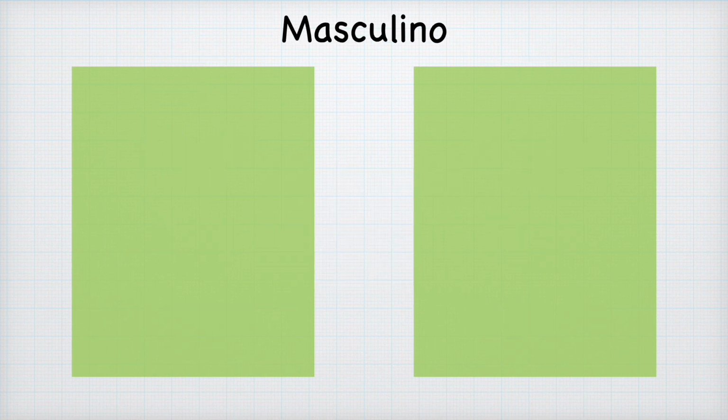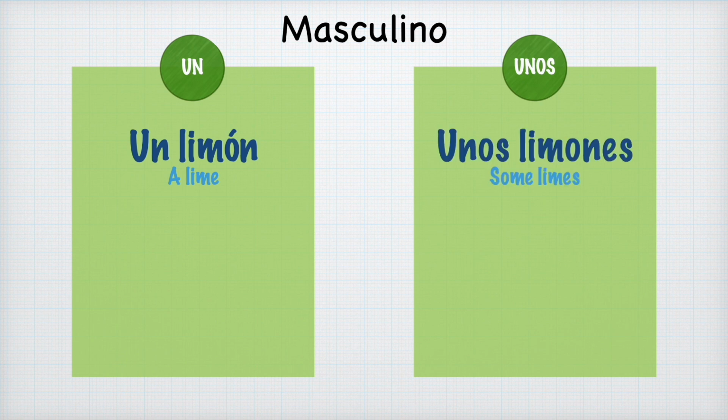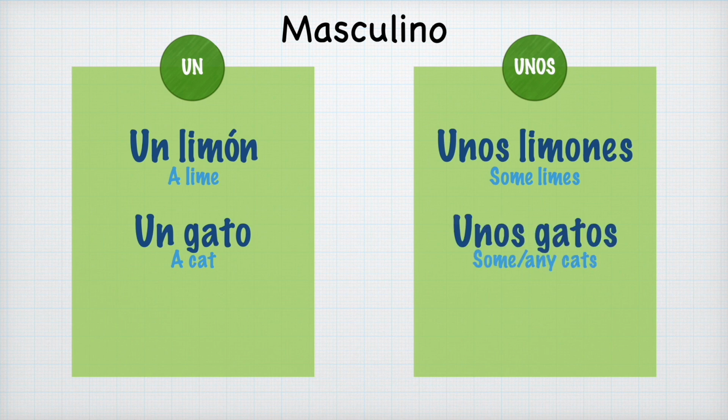For singular masculine nouns, we will use un. And we can make them plural by using unos. For example, un limón, a lime. The plural would be unos limones, some limes. Un gato, a cat.